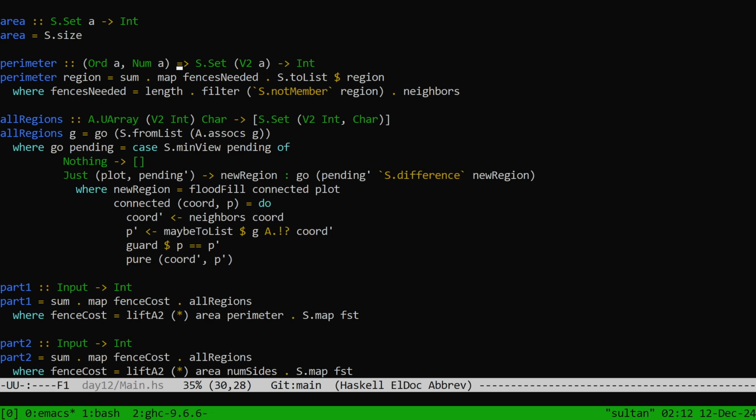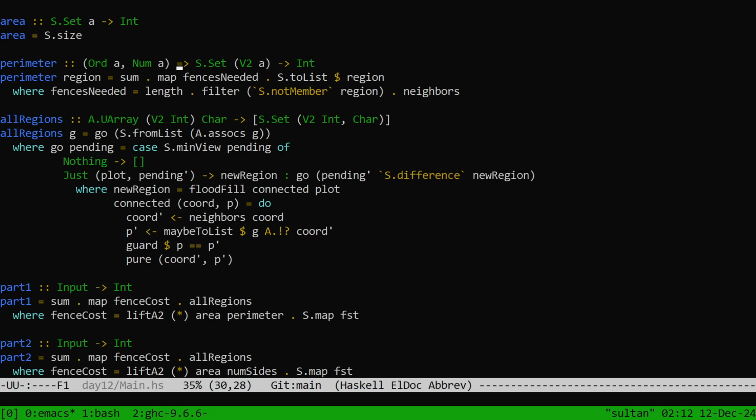I think a side is defined by an x coordinate or a y coordinate, a pair, ordered pair, of either two x coordinates or two y coordinates.